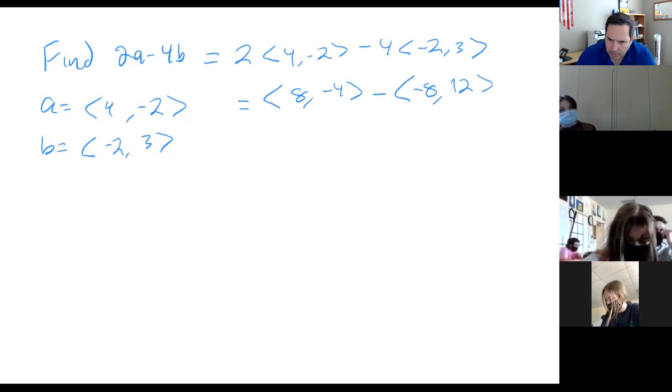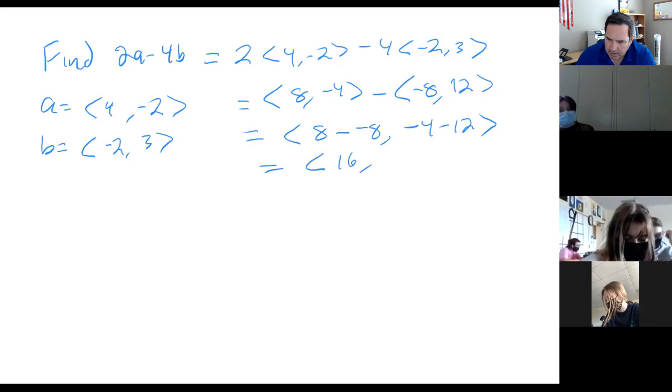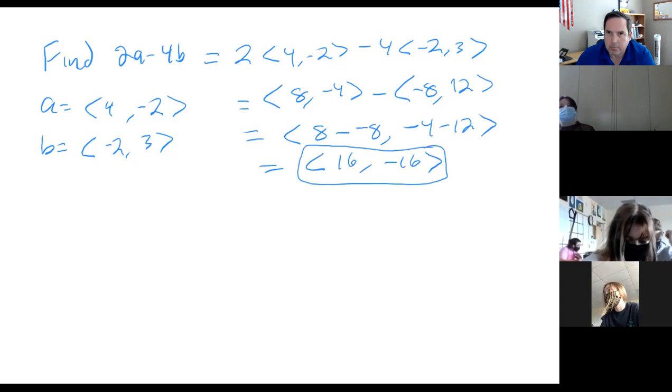Now we do the operations to bring them into one vector. 8 minus -8 is a double negative, so it makes a plus, so it's 16. -4 minus 12 is -16. And that should be your answer. Okay, that makes a lot more sense.